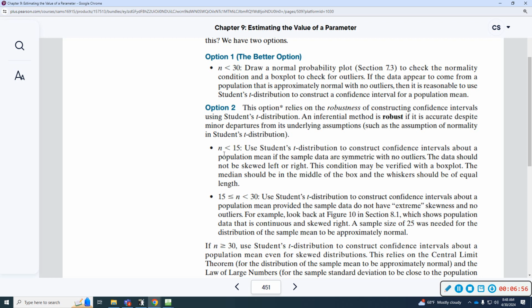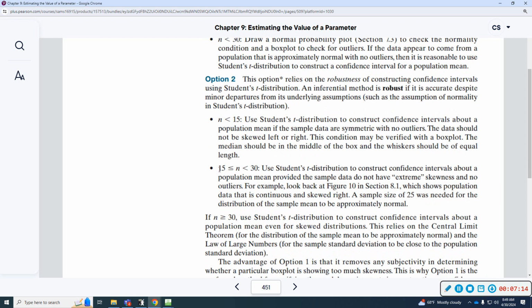For n less than 15, use the student t-distribution to construct a confidence interval about the population mean if the sample data are symmetric with no outliers, meaning the data should not be skewed left or right. The condition may be verified with the box plot. If n is between 15 and 30, you can use the distribution as long as you don't have any extreme skewness.